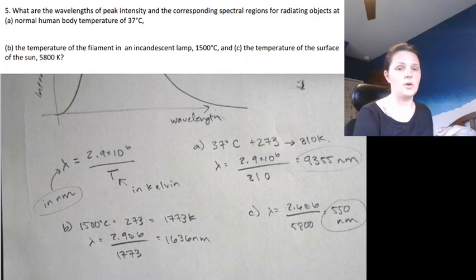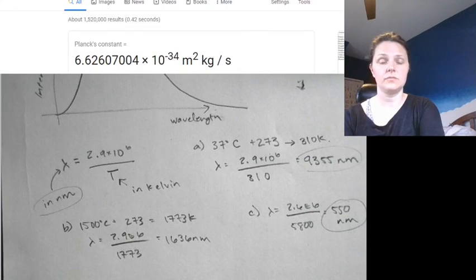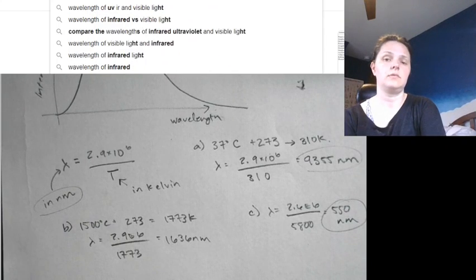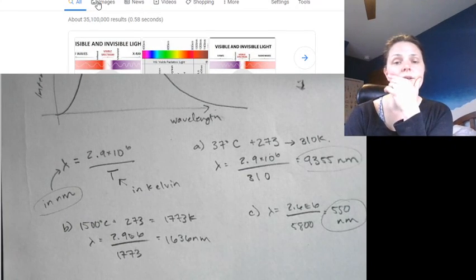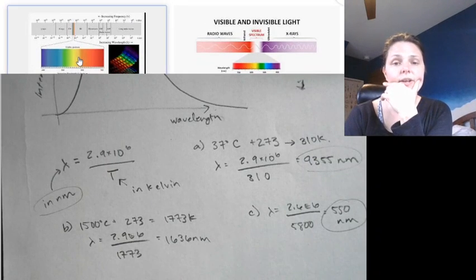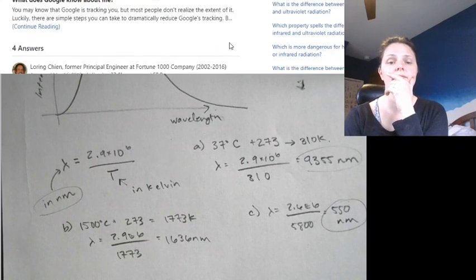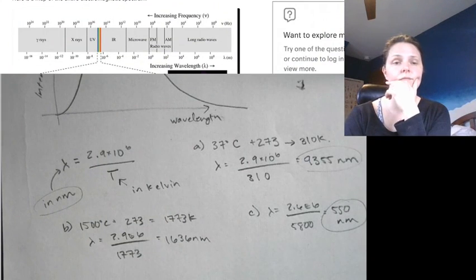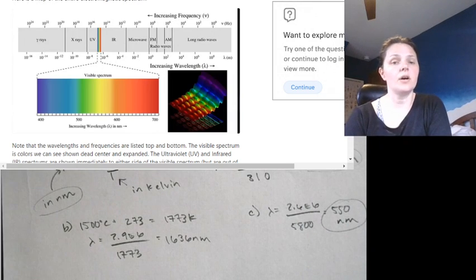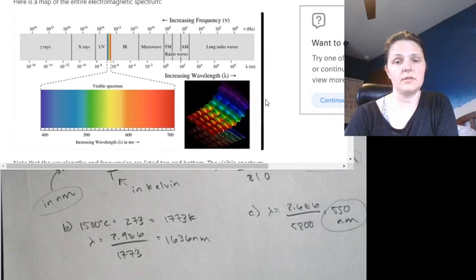Okay, so now let's look up what kind of radiation that is. So here's the wavelength of different kinds of light. Let me zoom in on this a little bit so you can see it better.